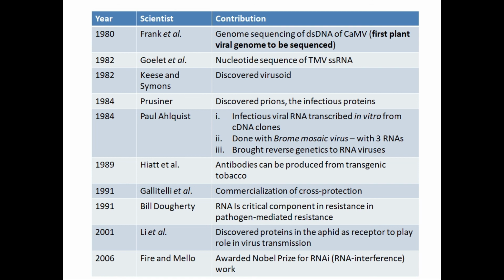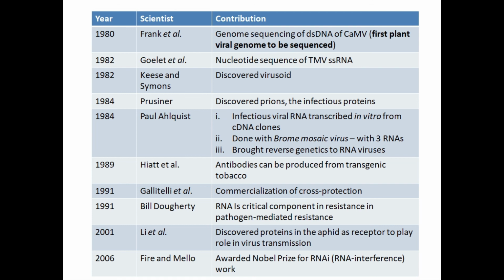So viral RNA was reverse transcribed to DNA, and then these cDNA clones were used to make viral RNA molecules. So in vitro produced RNA molecules are also infectious. His study brought reverse genetics to RNA viruses.